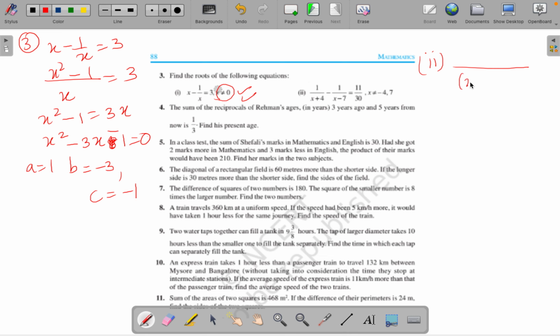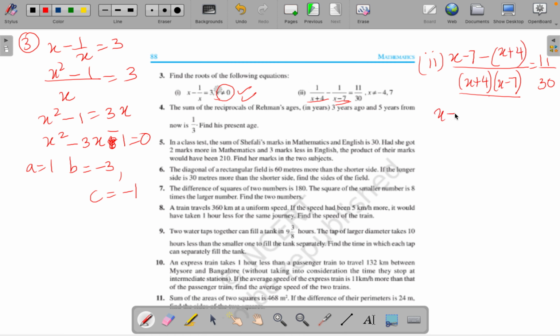I already told you in the previous videos how to take the LCM of a term where two separate polynomials are there, and x plus 4, when we check this and this, x minus 7 is missing, so x minus 7 gets multiplied in the numerator, and when we check this term, the second fractional term, with this, x plus 4 is missing.